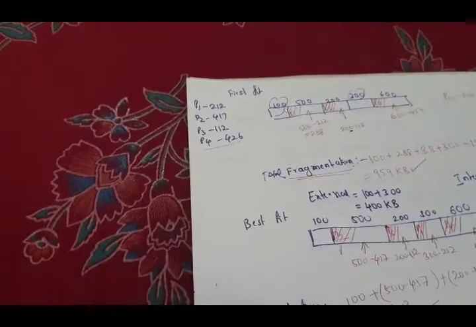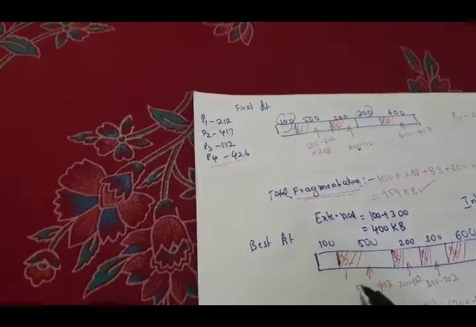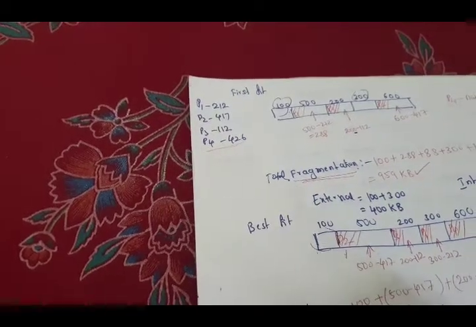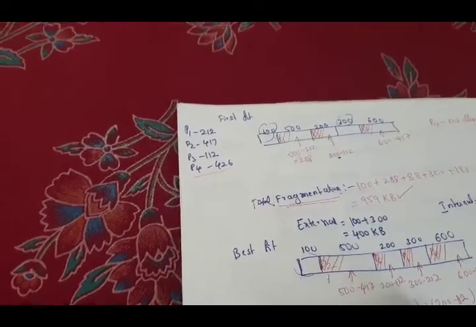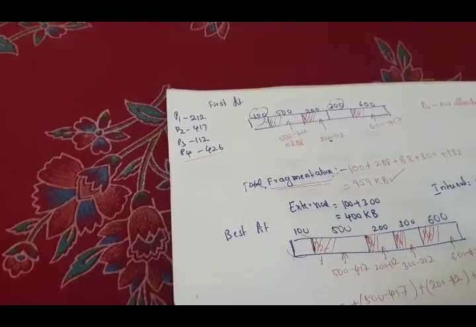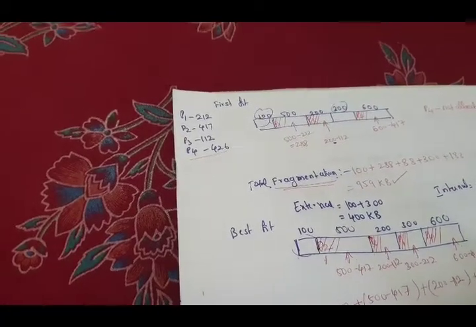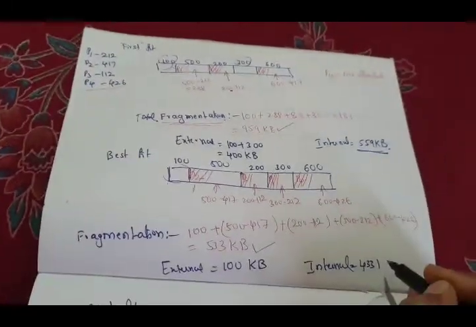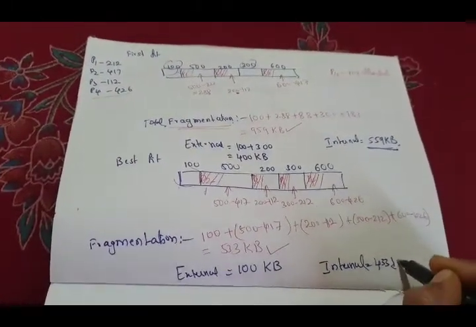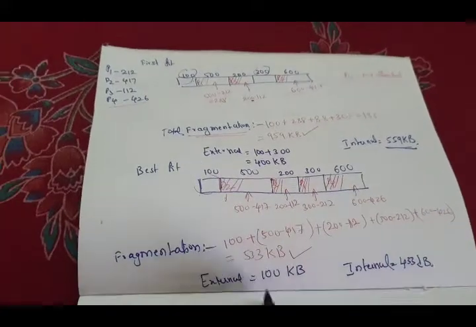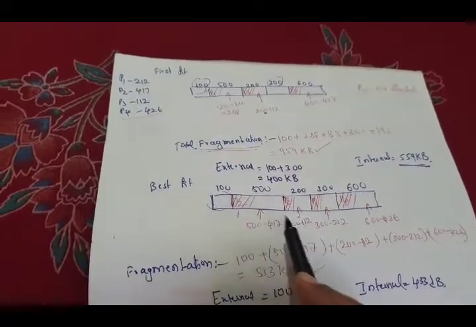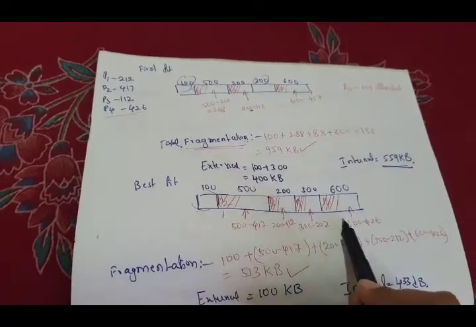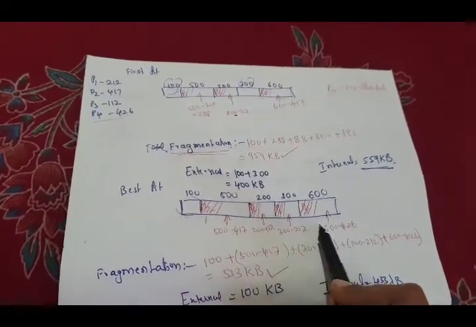Similarly, when we go for best fit, we are left out with only one whole block, that is 100 KB. So external fragmentation is 100 KB and internal fragmentation is 433 KB. How is it 433 KB? It is 500 minus 417, plus 200 minus 112, plus 300 minus 212, plus 600 minus 426.